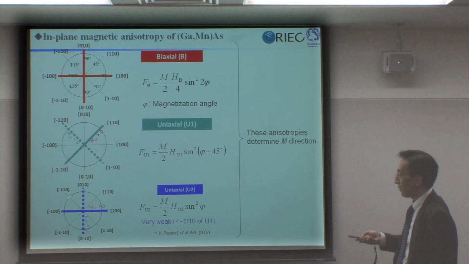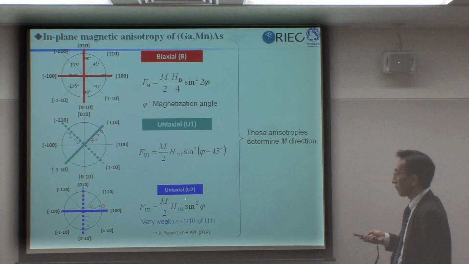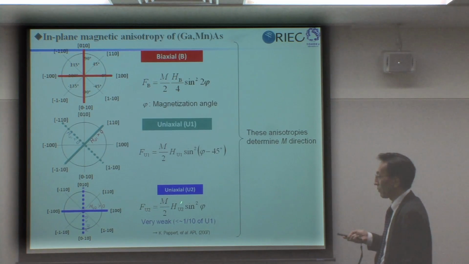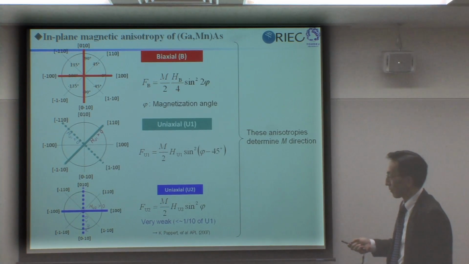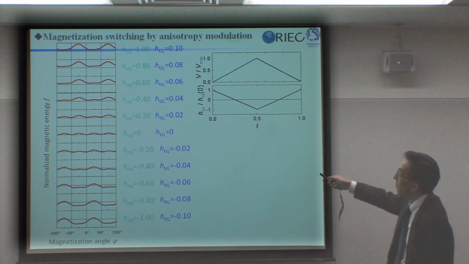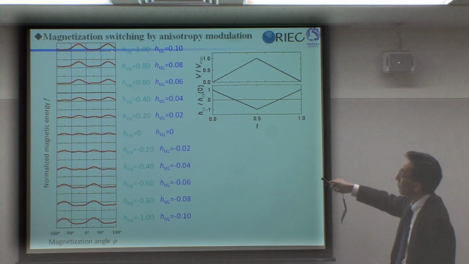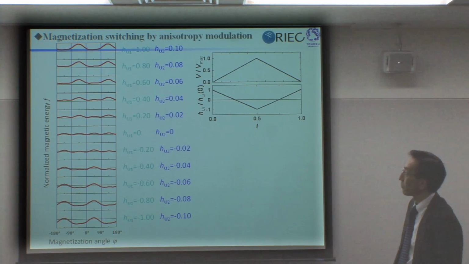So this is a big if, but if we can achieve this rather secondary uniaxial anisotropy, which can be very weak, we should be able to do the following thing. So this is our potential landscape, assuming that we have two uniaxial, uniaxial 1, uniaxial 2, and also biaxial anisotropy.